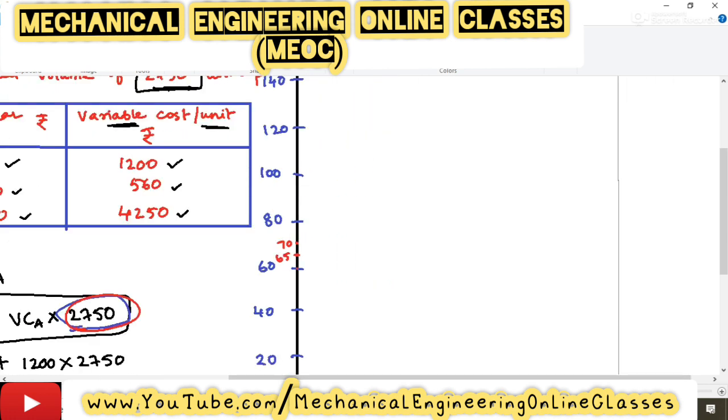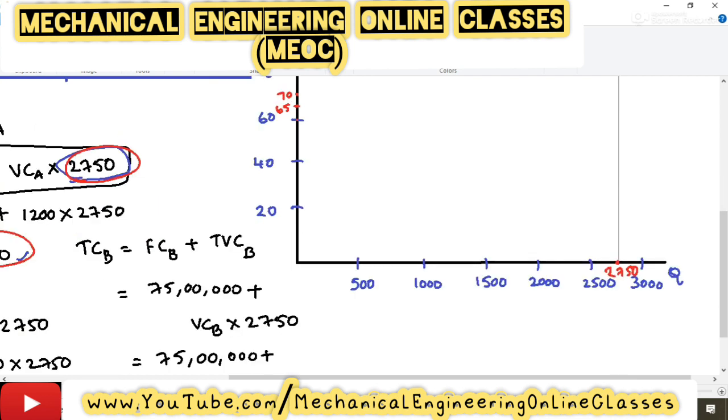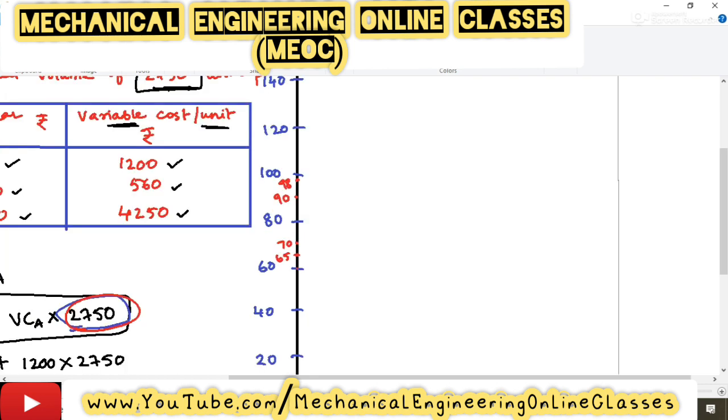So 98 is, there is 90 here, 98 somewhere here. So I'll draw a vertical line from 2750 and a horizontal line from 98. So both of the two lines are meeting at this point.